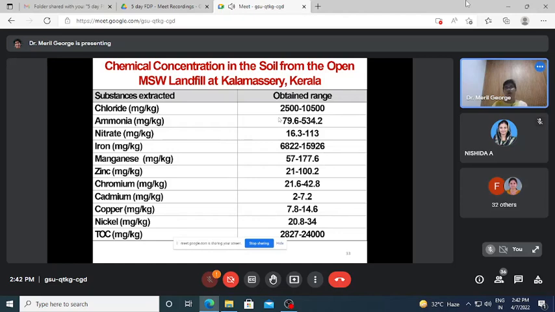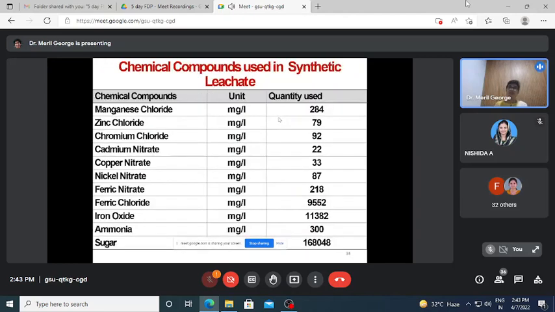The criterion which I have followed is that after adding chemical compounds, I should get chemical concentration within this range. That was the idea. So the chemicals were selected such that the chemical compounds will give the desired result.